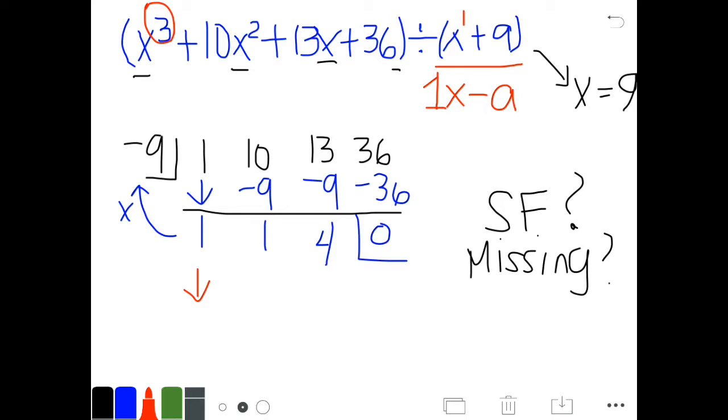All right, let's go ahead and finish our quotient here. The exponent must be 1 less. So this becomes your x squared or 1x squared. The next one becomes your positive x to the 1. And of course your constant plus 4. Isn't this the exact same quotient that we got?